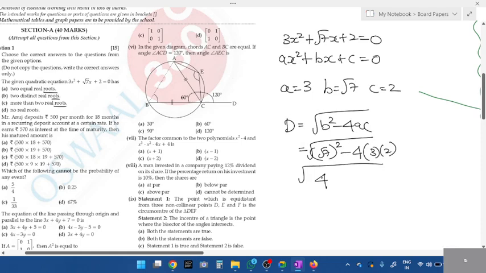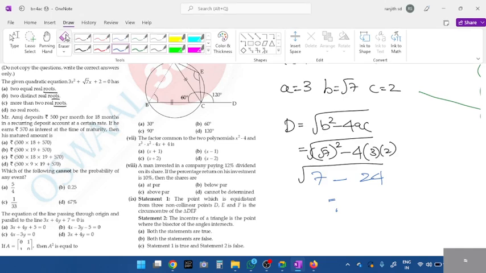No, no, no. Sorry, not 49. How do you solve this, students? Square root and 7 get cancelled, right? Root value. So it's not 49. 7 minus, what do you get? 7 minus 24.